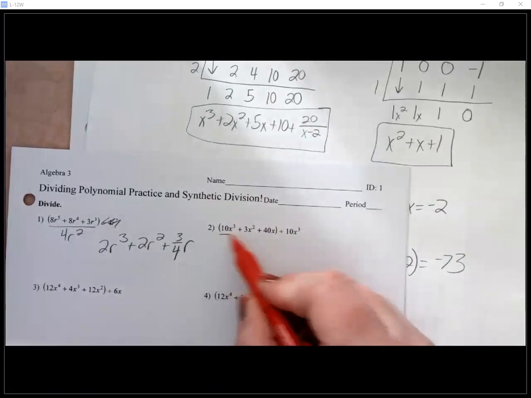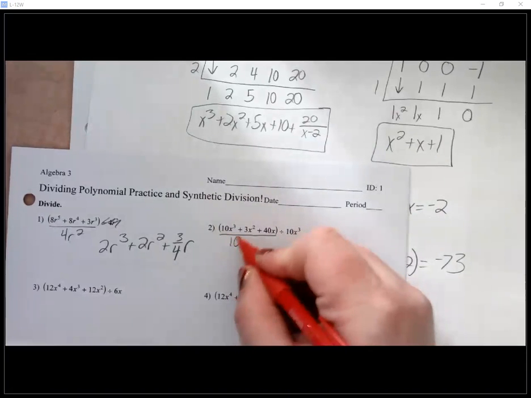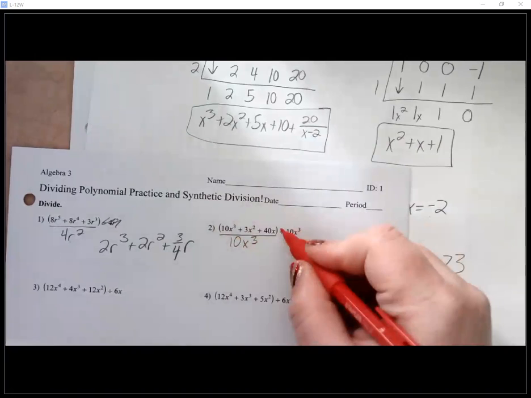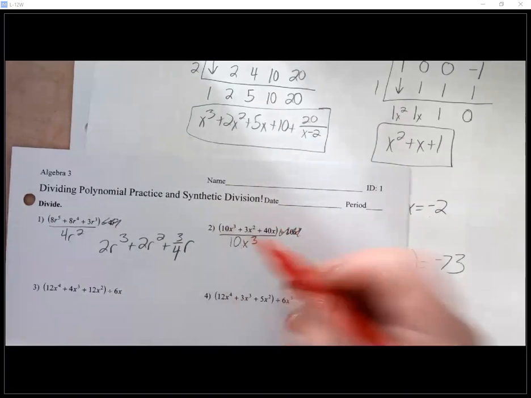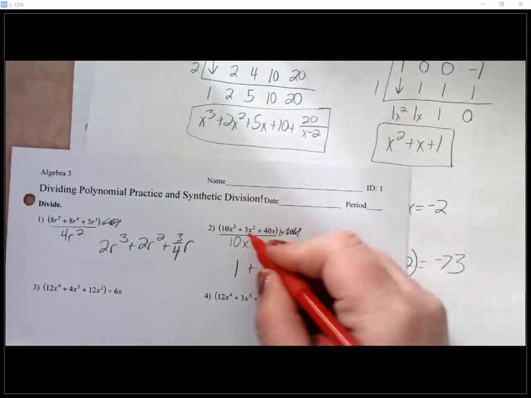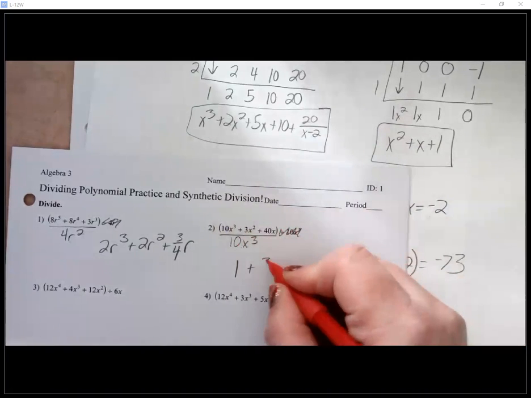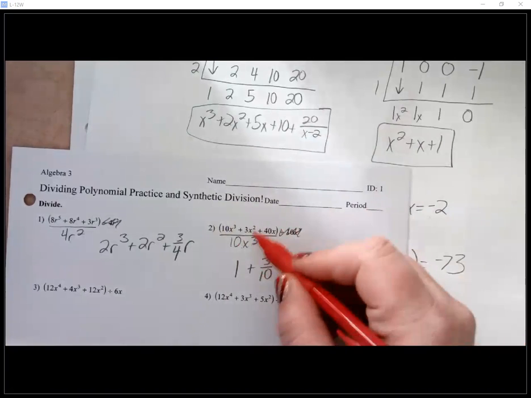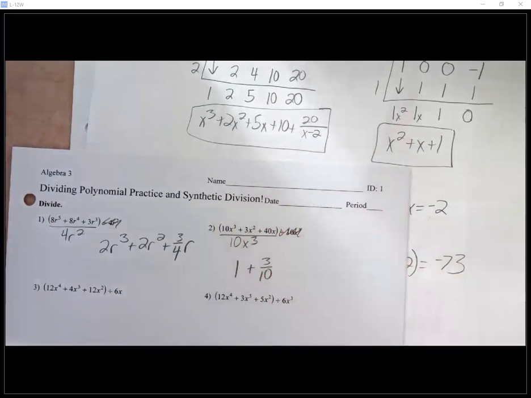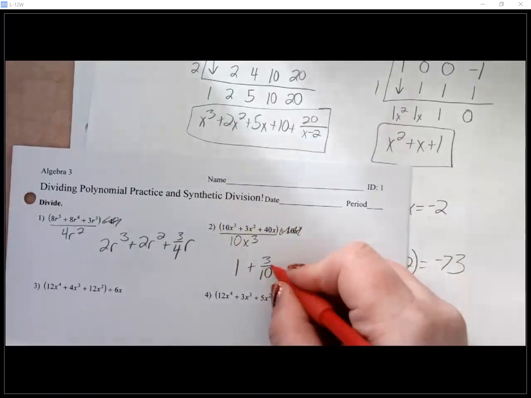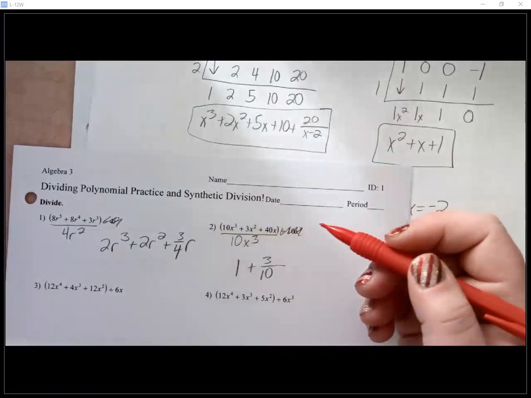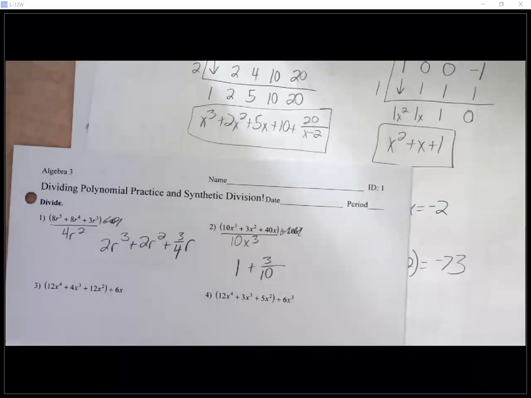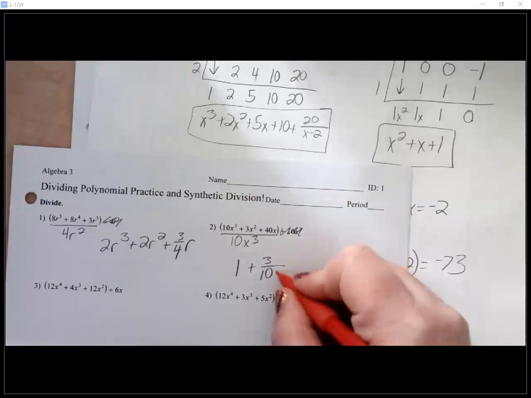Oh, so let's do that one together actually. When I divide the first ones, I just get a 1, right? Now 3 divided by 10 doesn't reduce, so I just leave it as 3/10. And look what I have. What are you going to have left with the x's? You could either write it as x to the -1, or you could just have an x in your denominator.